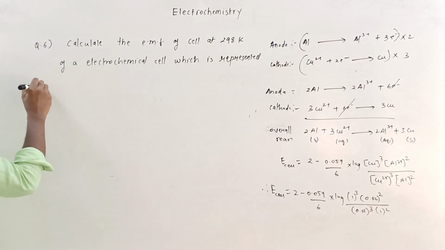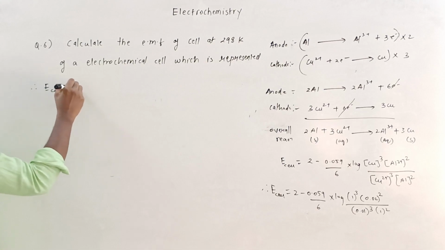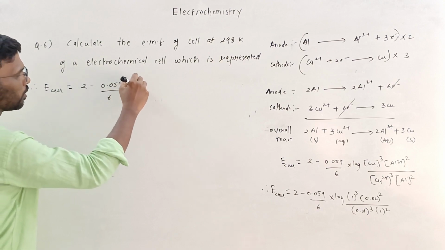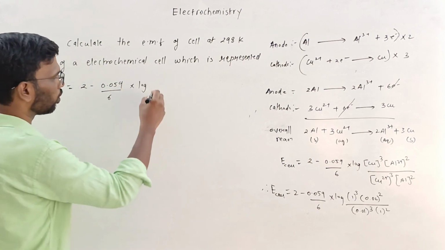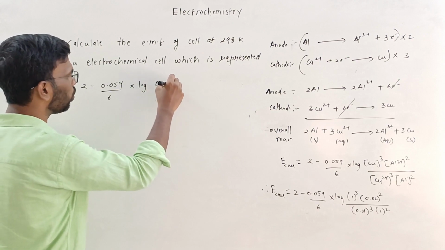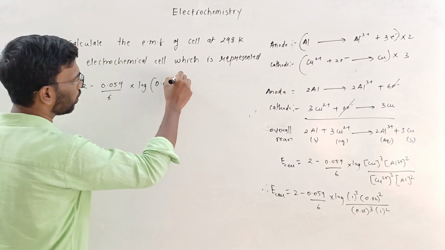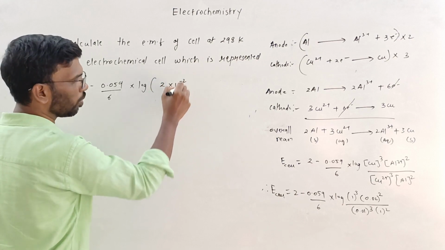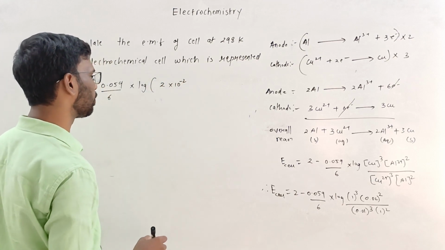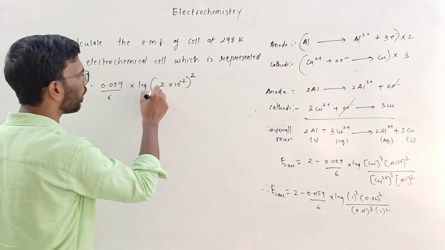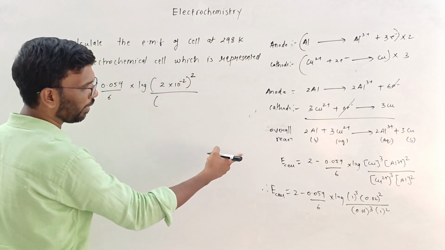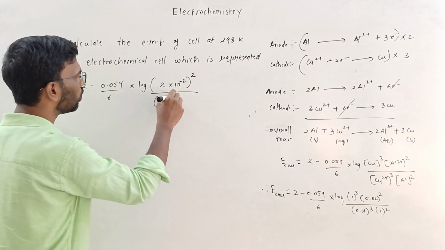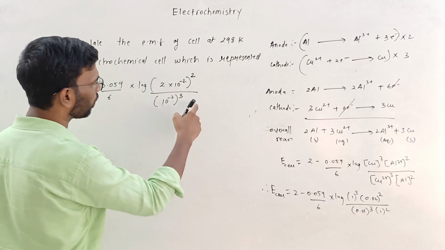So therefore E cell will be equal to 2 minus 0.059 upon 6 into log of, this is 0.02 the whole square. Right, so 0.02 I will write as 2 into 10 raised to minus 2, the whole square, upon, down I am writing, 0.01, that is 10 raised to minus 2, the whole cube. And this is 1 and 1.